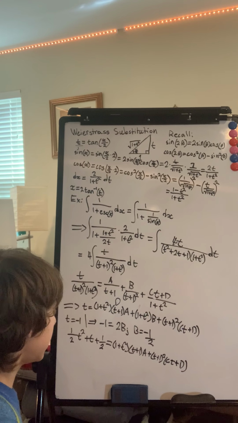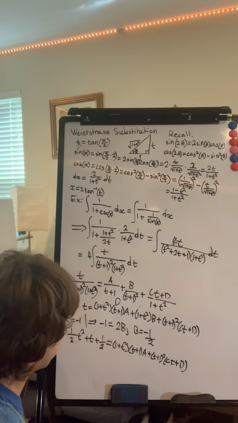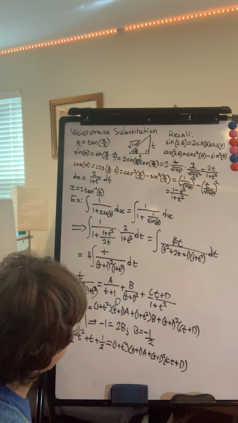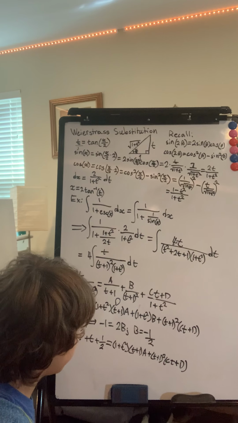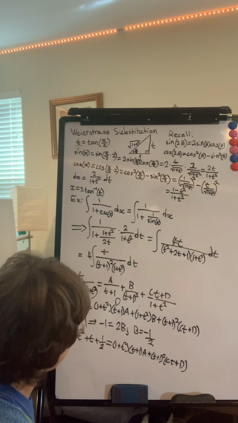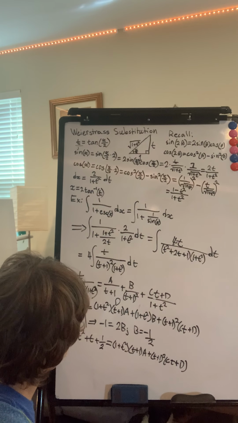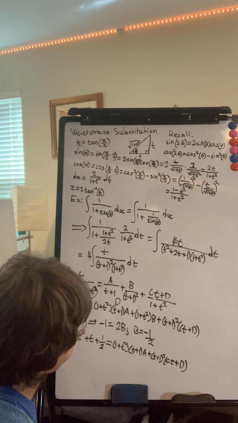Now we could distribute here, but that wouldn't be very nice, of course. So it would be good to think of something that would simplify this a lot. Let's see.